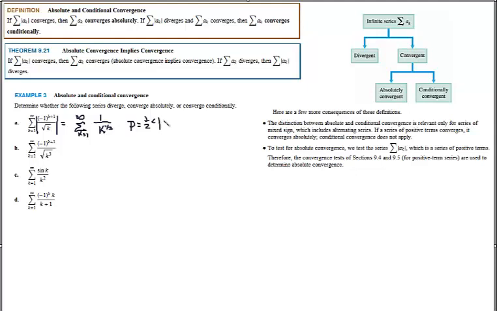If our p-value had been greater than 1, we would have said that it converged absolutely, but it does not converge absolutely, though it still might converge conditionally. Because it is alternating, it might converge. So let's look at the limit as k goes to infinity of 1 over the square root of k.